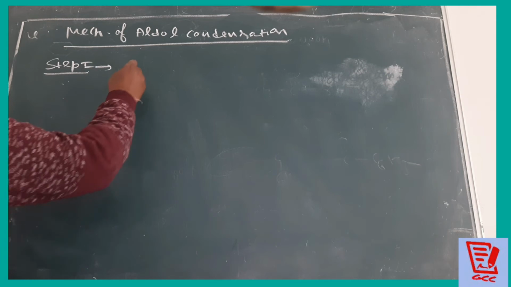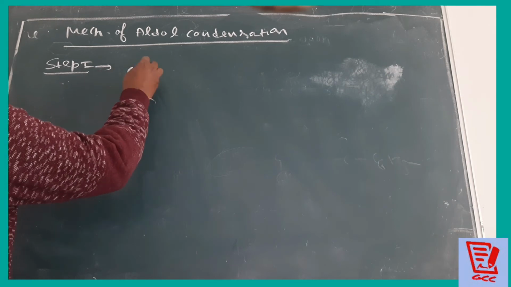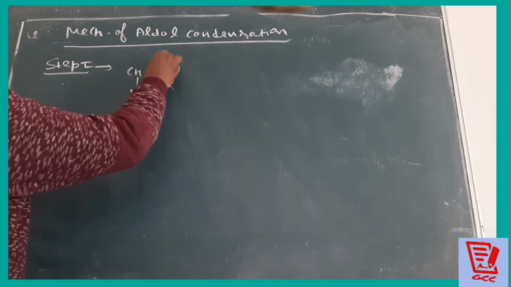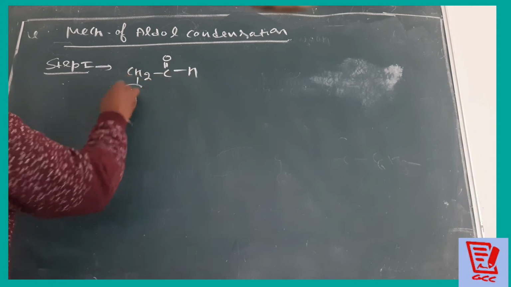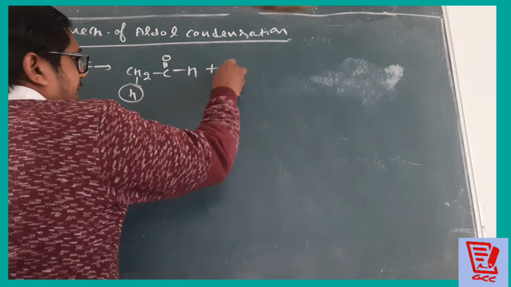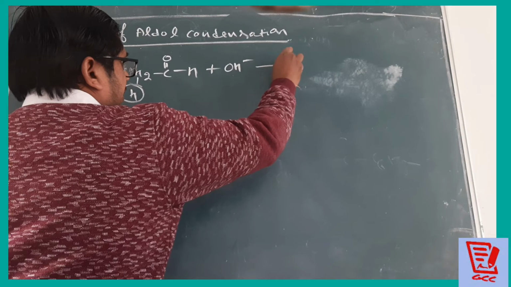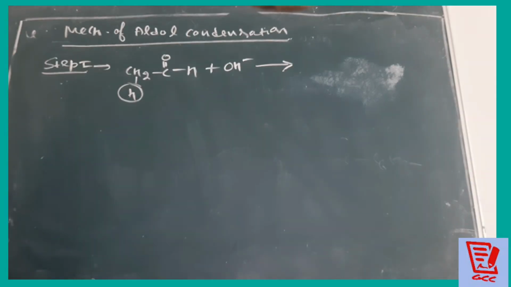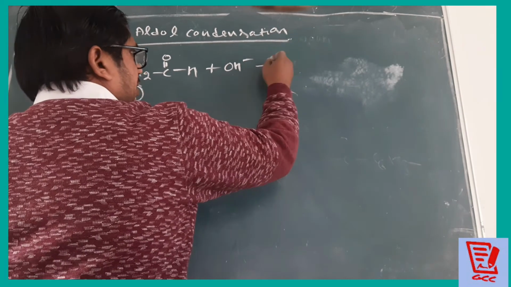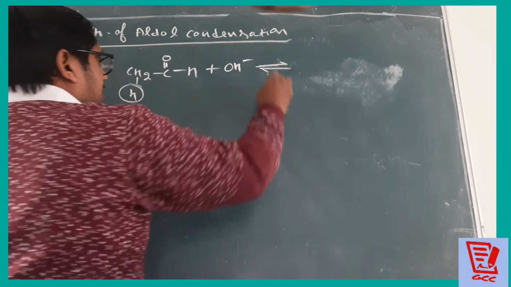Let's see, we are taking this one, CH3COH. This is our alpha hydrogen, and let this be any base. What we are taking over there is our dilute NaOH, or like that. Usually this reaction is in a reverse direction.